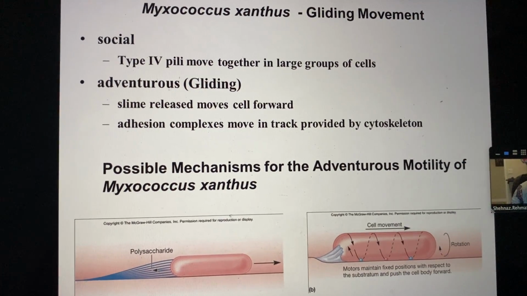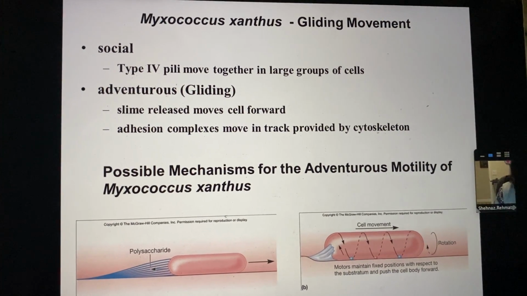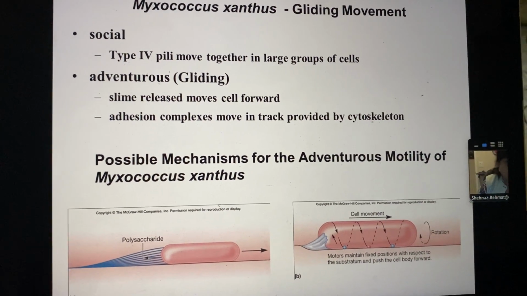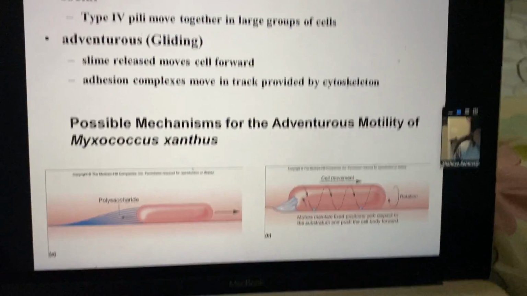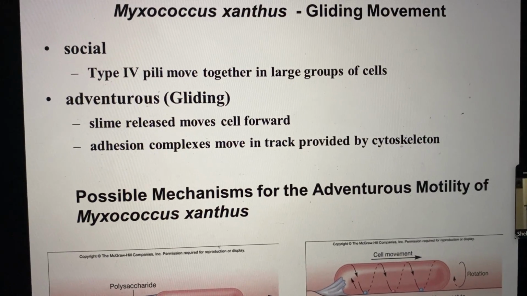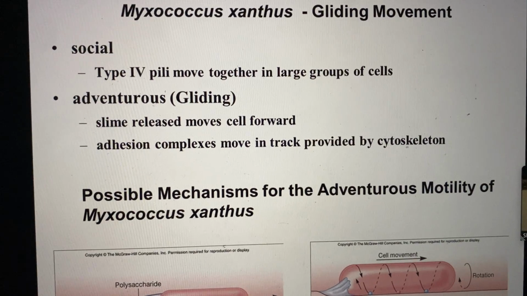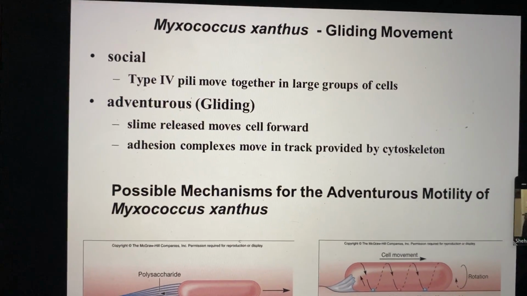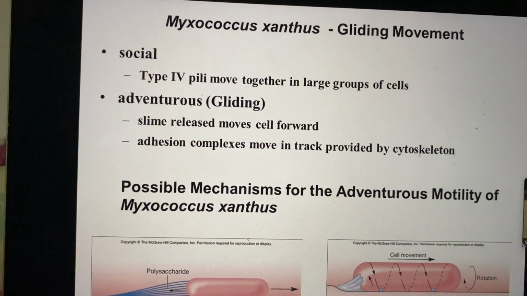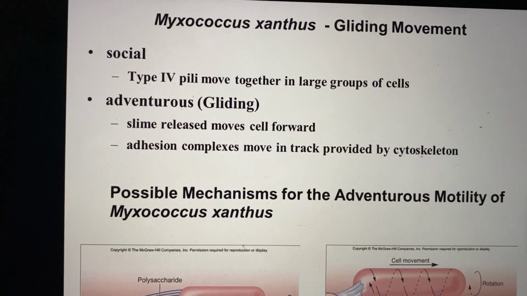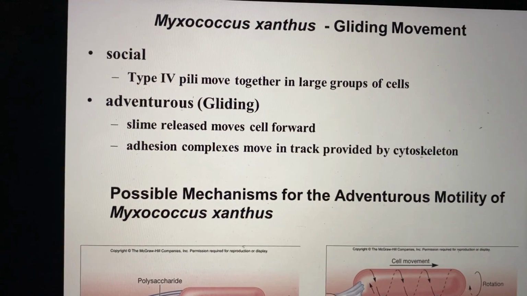Now, social motility is when these bacteria group in a large group and move towards the same direction, and they use the type 4 pili for that. While the adventurous motility, which is also gliding motility, is where slime is released and adhesion complexes are made along the track, and they allow the bacterium to move individually away from the group. And that would be considered the adventurous motility found in Myxococcus xanthus.